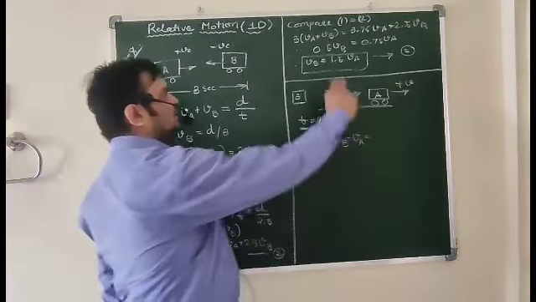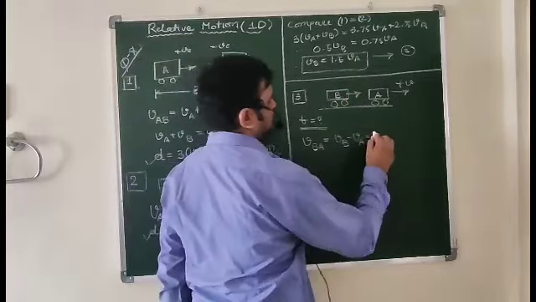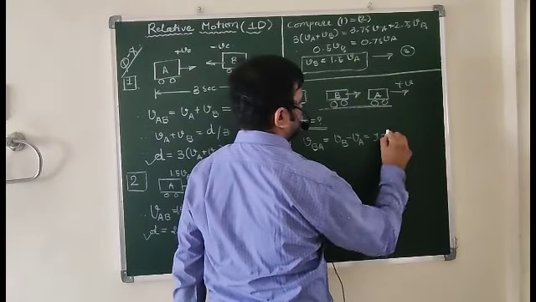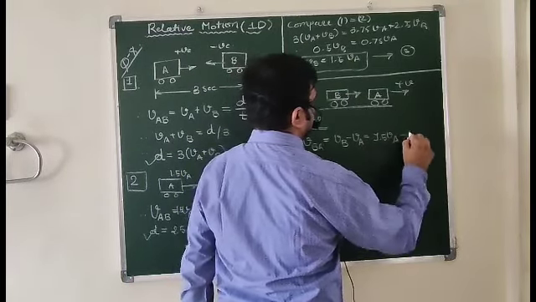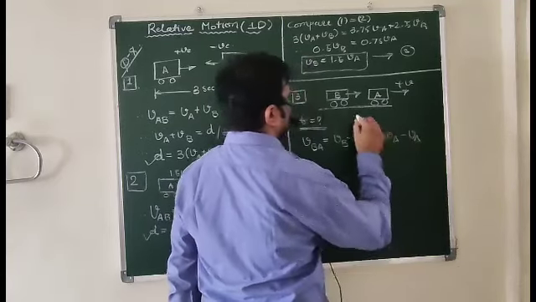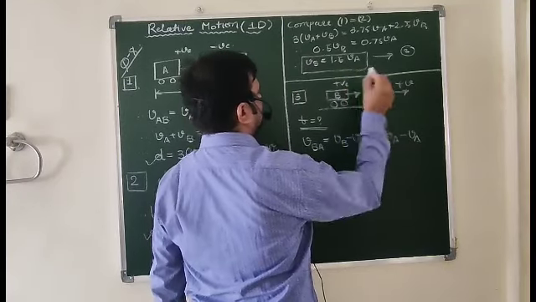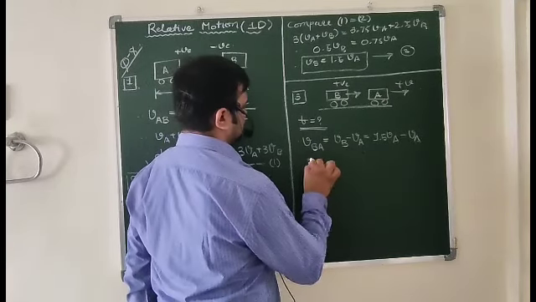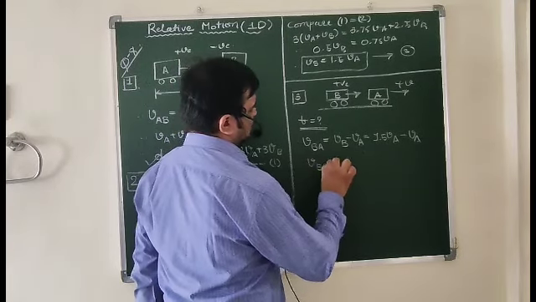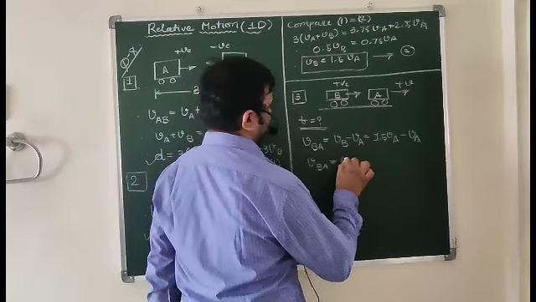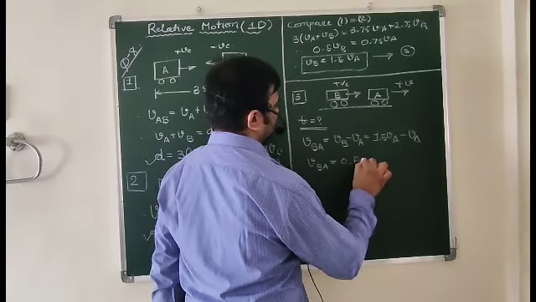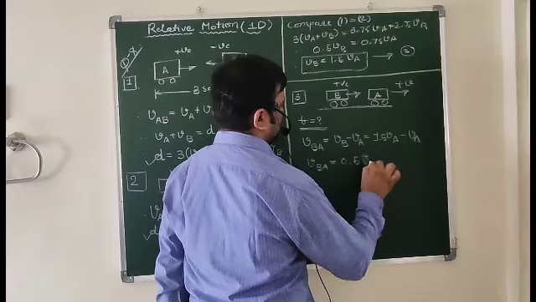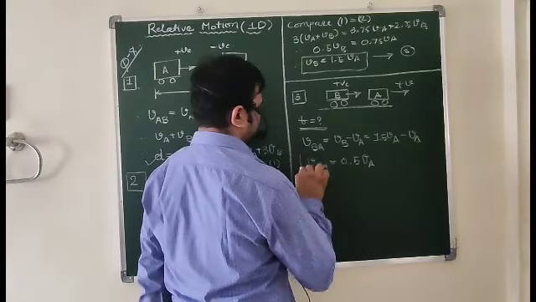So VB is 1.5 VA minus VA, as both are moving in the positive x direction. So VBA is equal to 0.5 VA.